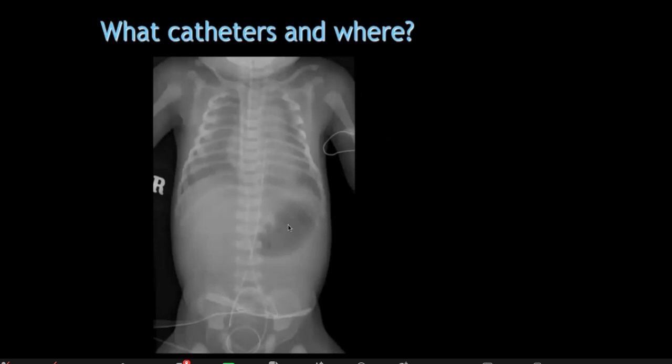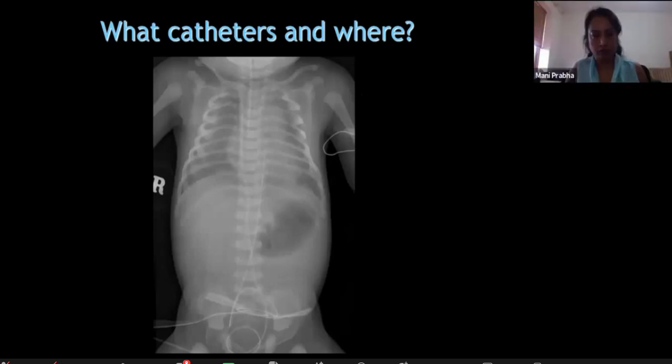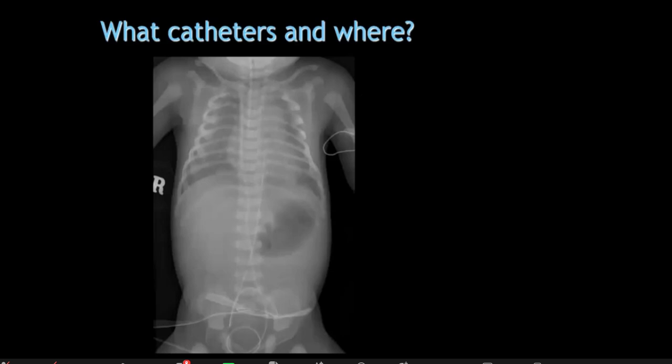So if I trace down the umbilical artery catheter, it is at the level of T8 and is distal to the stomach.